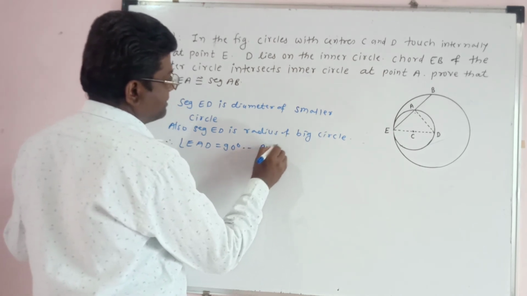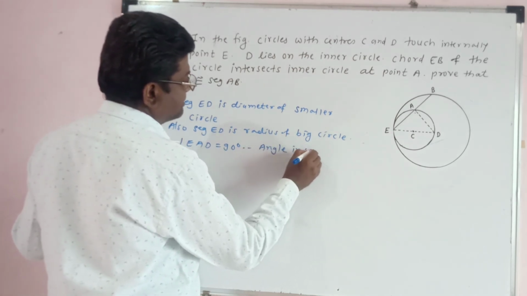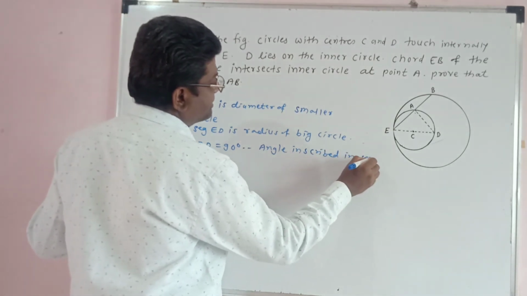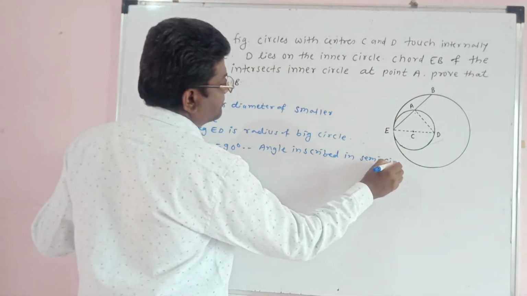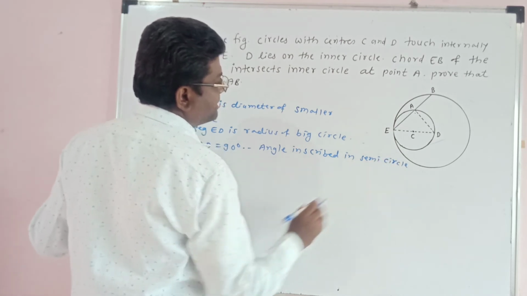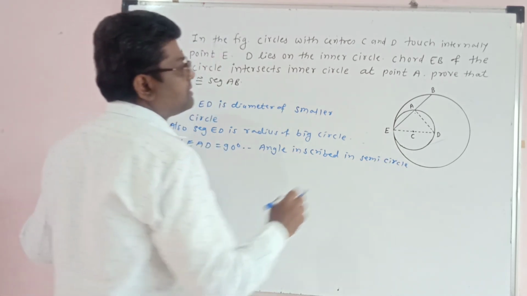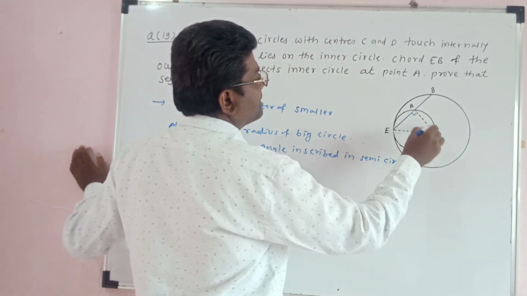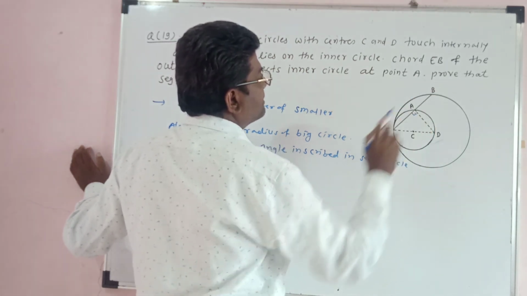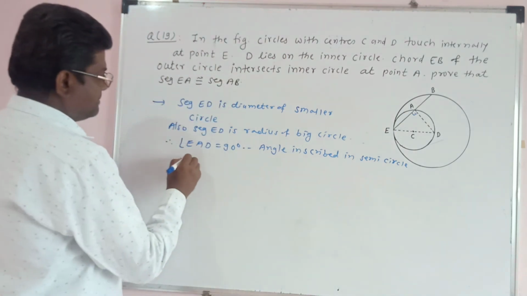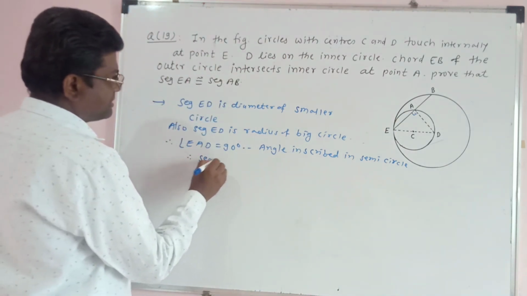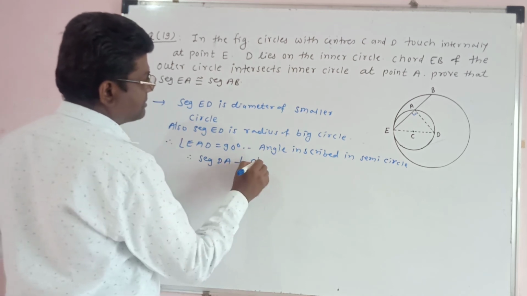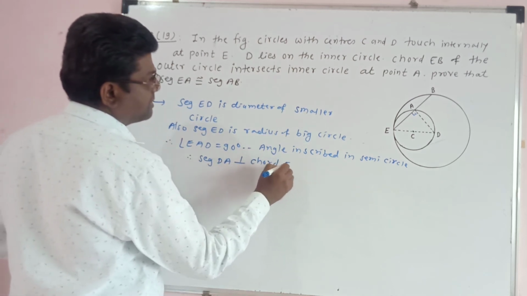Reason is angle inscribed in semicircle. This angle is 90 degrees. Therefore, DA is perpendicular to AB. Therefore, segment DA is perpendicular to chord AB.